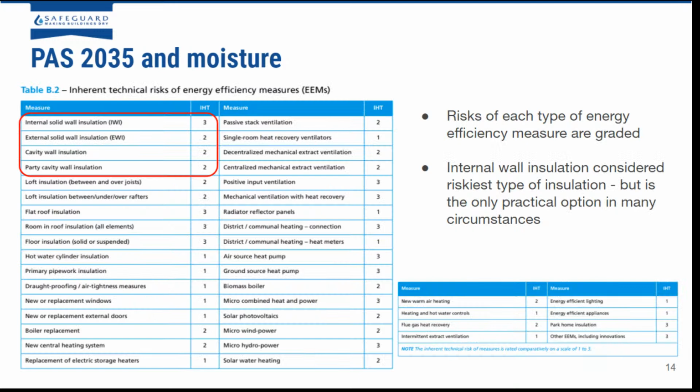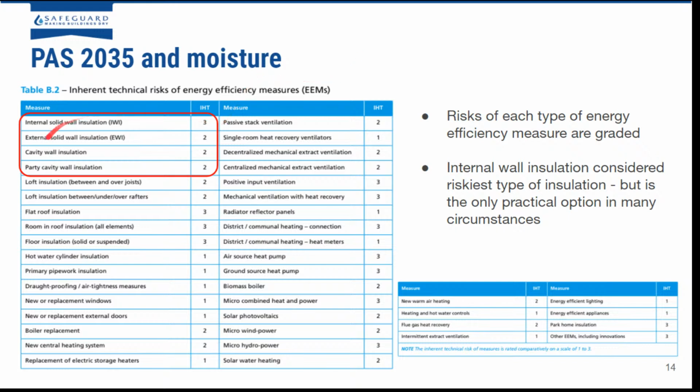Okay, so this presentation really focuses on retrofit wall insulation, which is the most common form of insulation that will be needed to upgrade your properties. What PAS does is it rates each energy efficiency measure from 1 to 3 on a risk score. So 1 is a low risk and 3 is high risk.